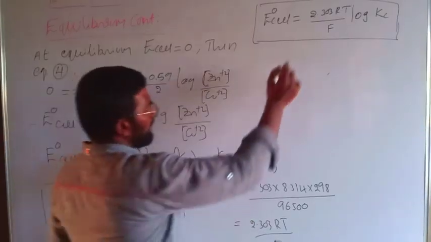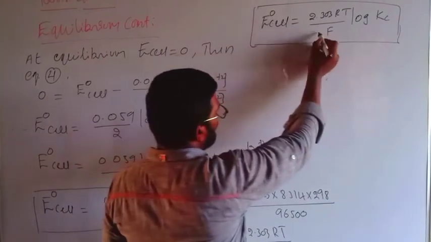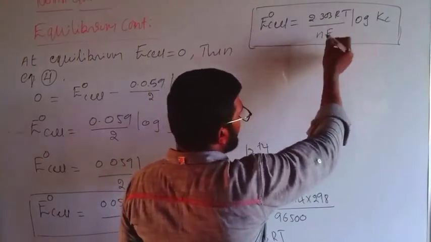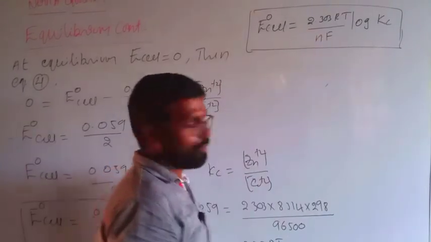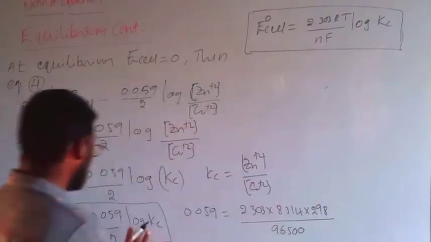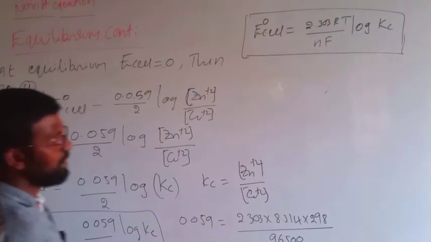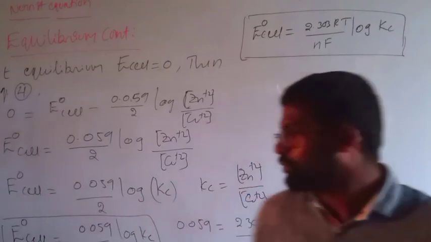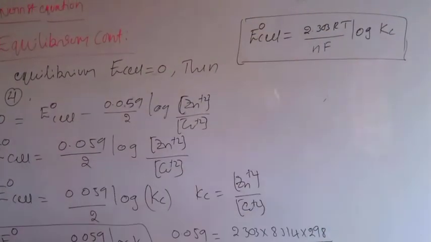It can also be written as E naught cell is equal to 2.303 RT by nF log Kc. This is the generalized form and this is the modified form. So you can use either one based on convenience. Whenever it is needed, we use the modified form; whenever it is needed, we use the generalized form.